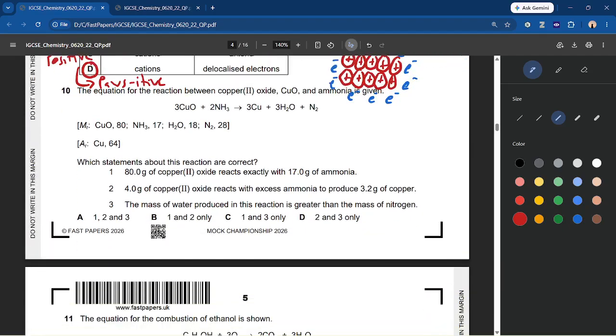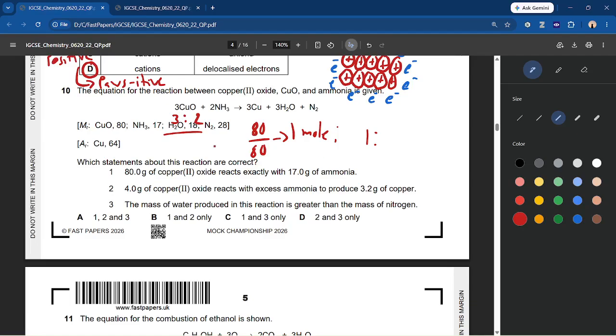The equation for the reaction between copper 2 oxide and ammonia is given. Which statements about this reaction are correct? So let's figure out what statement 1 is saying. 80 grams of copper 2 oxide reacts exactly with 17 grams of ammonia. So 80 grams of copper 2 oxide would be 80 by 80, which is 1 mole. But here's the thing. It's in the molar ratio of 3:2.